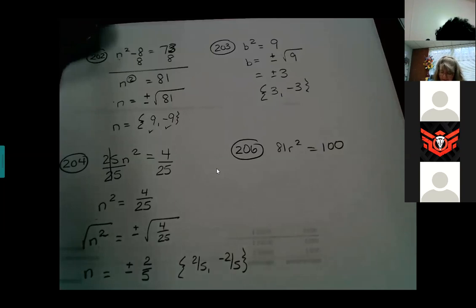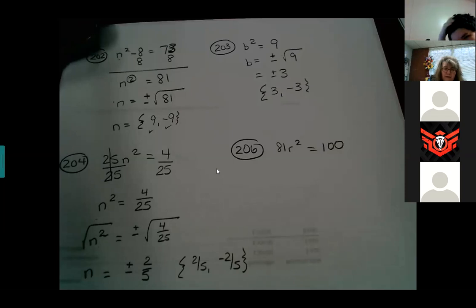Logan, you figured out that you were doing another problem instead of 206. Chloe, did you find your mistake? Yeah. That's a better answer. All right, I've already told Emmanuel his is right.